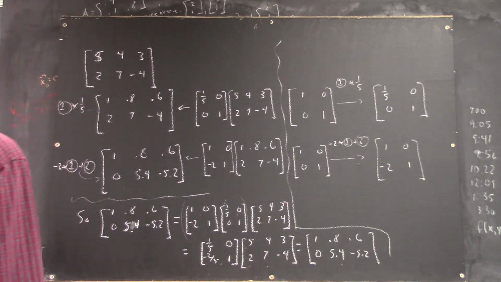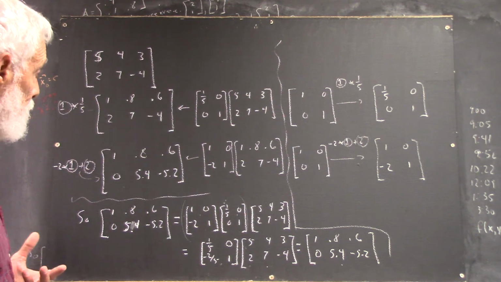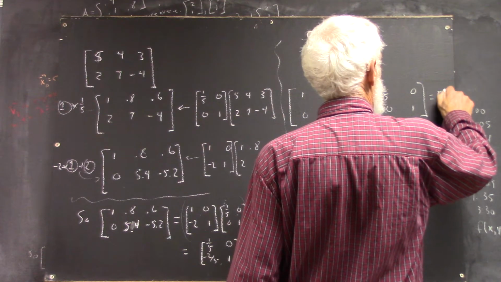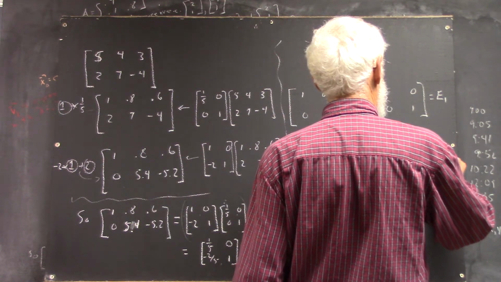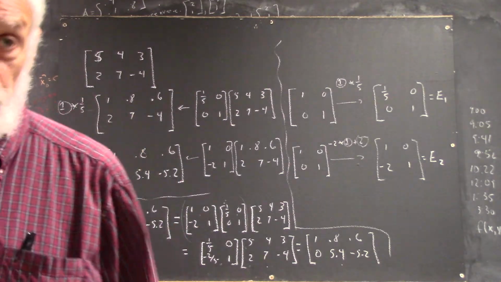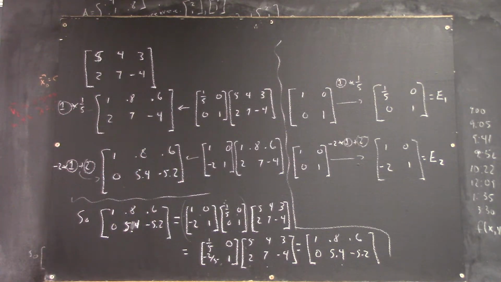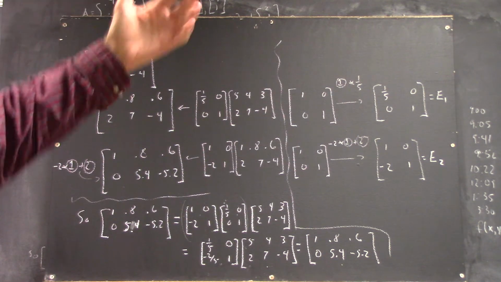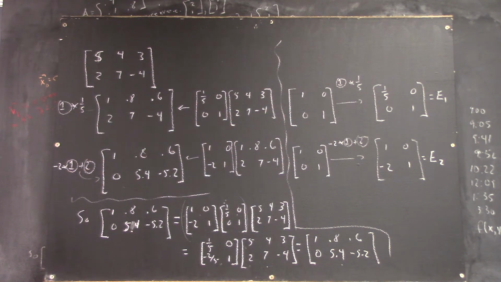Okay, well, the big advantage of this, we're going to call this matrix E1. We're going to call this matrix E2, for elementary matrix 1, elementary matrix 2. To complete the reduction all the way down, you're going to need an E3 and an E4, right?